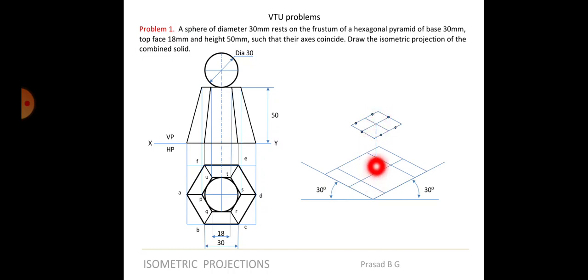Same way, when drawing a sphere, I have told you that the sphere is an exception, but while drawing the sphere also, the height should be taken as ISO only. Please remember this. I am repeating it again: the height should be taken as ISO only. It's ISO 15 you have to take.